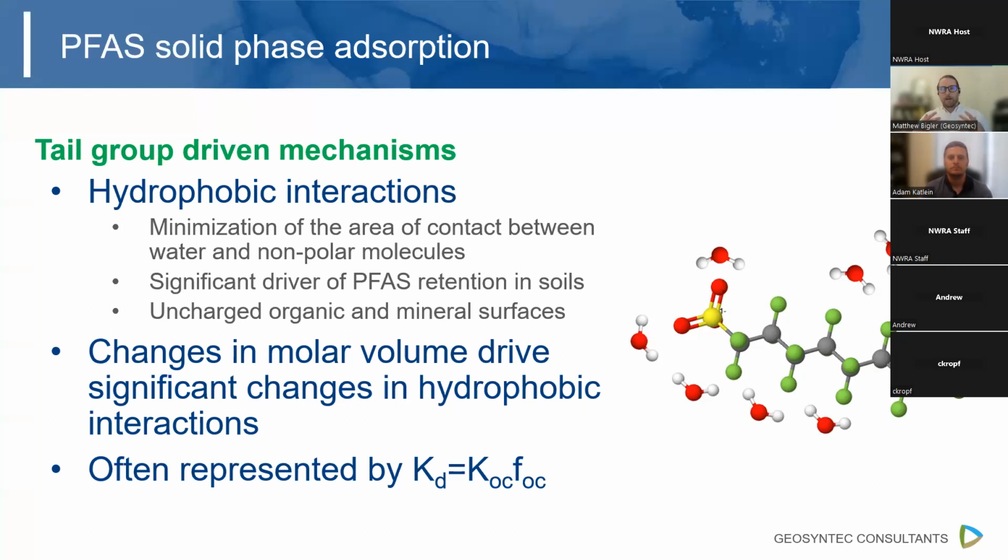And I'll talk further about what this means for our PFAS fate and transport, as well as potential characteristics we see in the soil. Just for reference, these hydrophobic interactions are often represented by the standard notation Kd = Koc × foc, where our solid phase sorption, Kd, is a function of our organic carbon sorption coefficient, Koc, and our fraction organic carbon, foc, because this is largely where our PFAS are driven with these hydrophobic interactions.